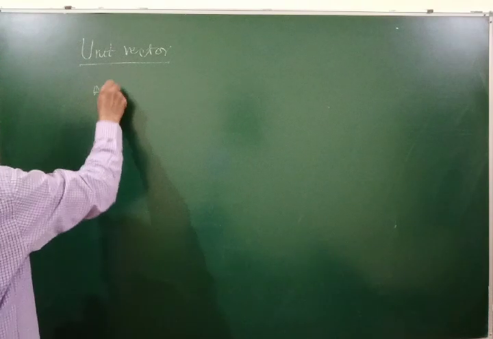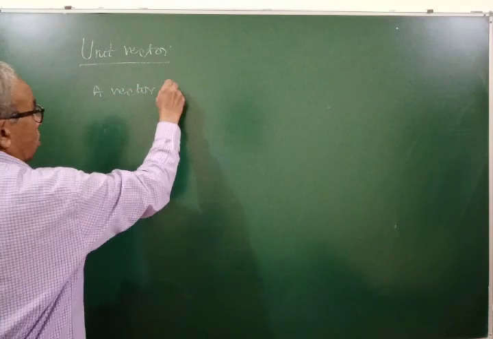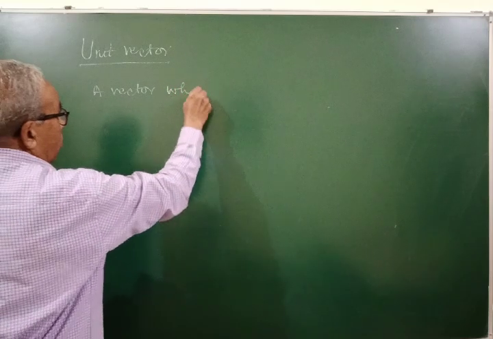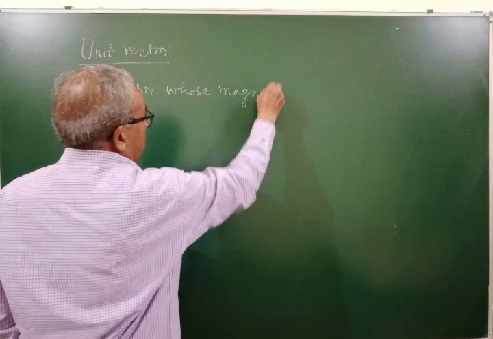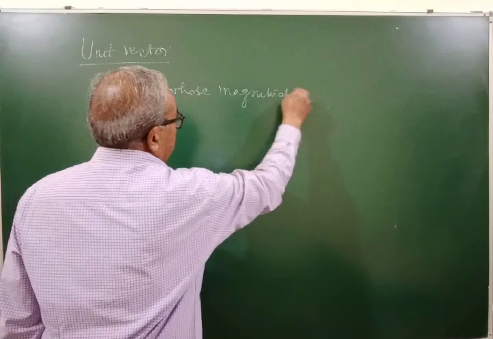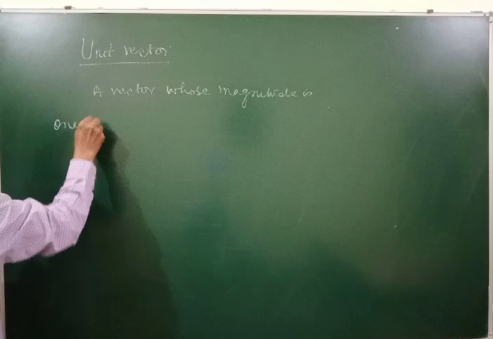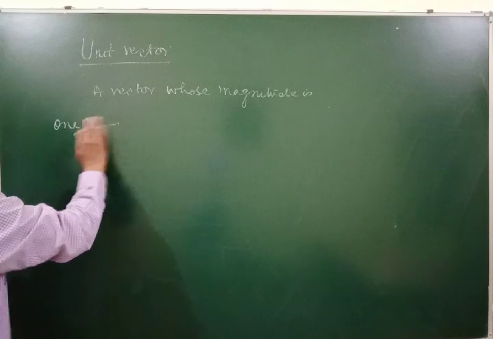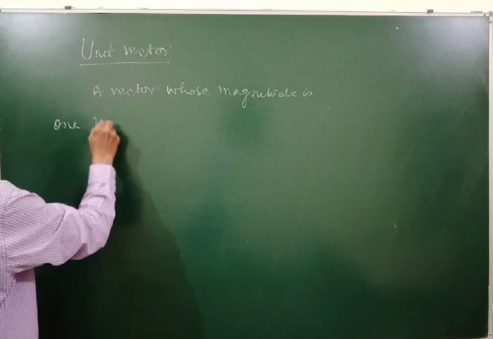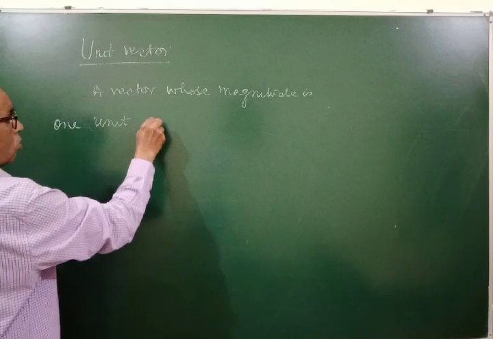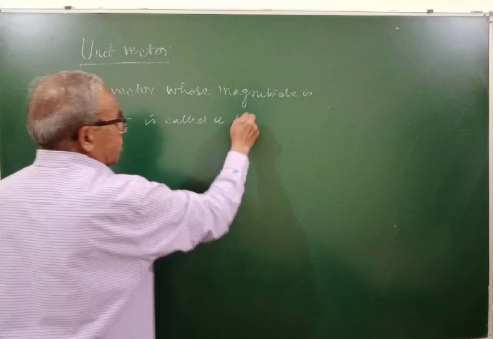A vector whose magnitude is 1 unit is called a unit vector.